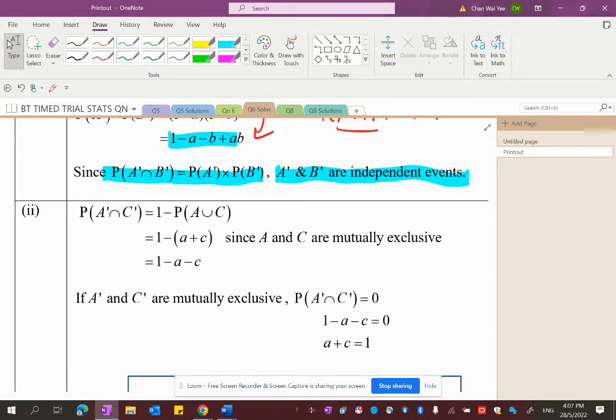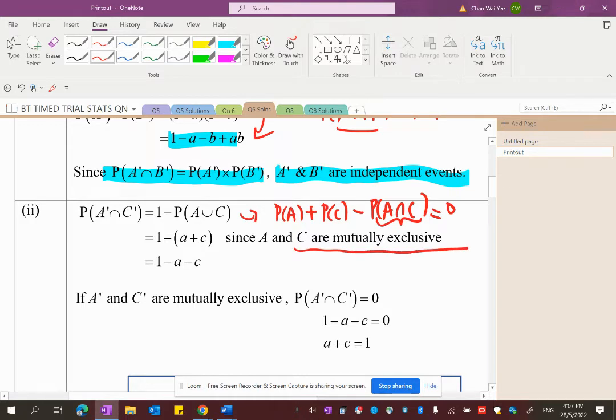Therefore, we know that P(A union C) is P(A) plus P(C) minus P(A intersect C). P(A intersect C) will be equal to 0 because A and C are mutually exclusive. Which means that it equals P(A) plus P(C), which is a plus c. So this explains this answer here.